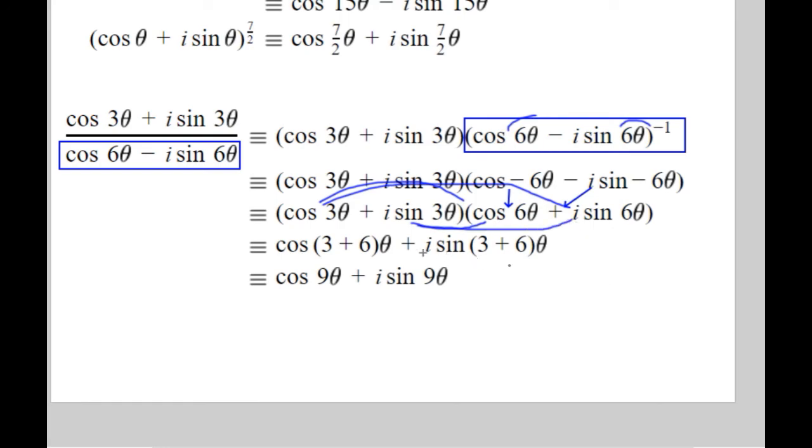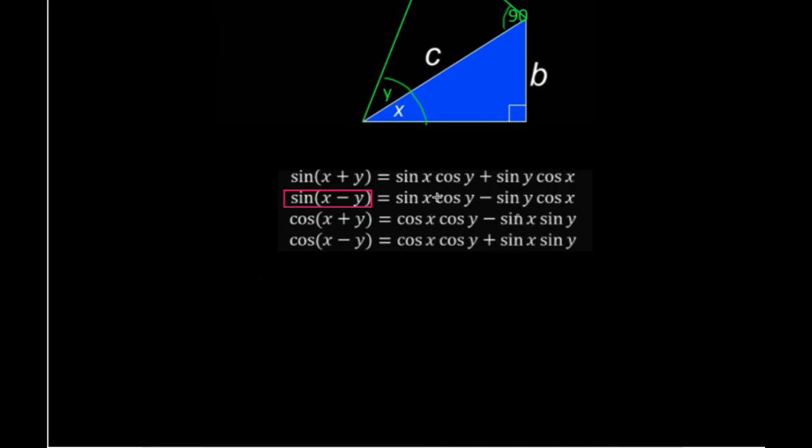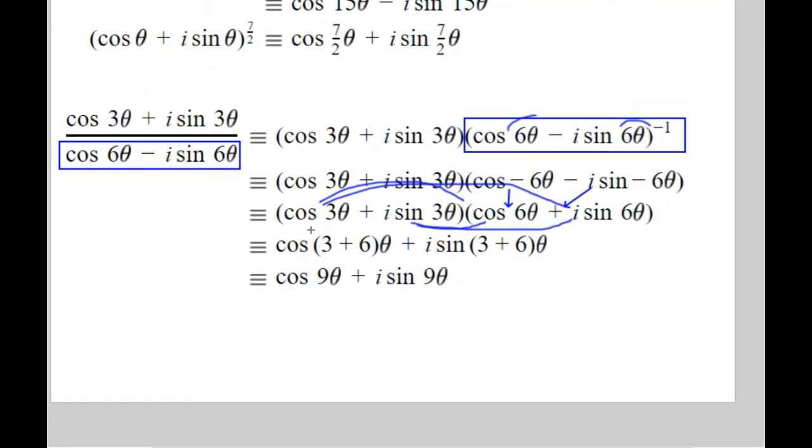When you write that all out and look at what identities it suits, and please see my last video for more detail, you will find that it fits very well: cos of 3 plus 6 theta this time, plus I sine of 3 plus 6 theta, which produces cos 9 theta plus I sine 9 theta. Thank you for your time in regards to that.